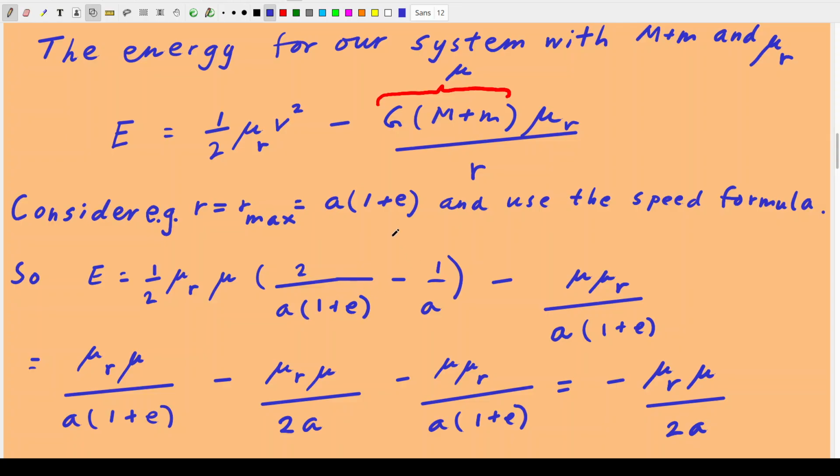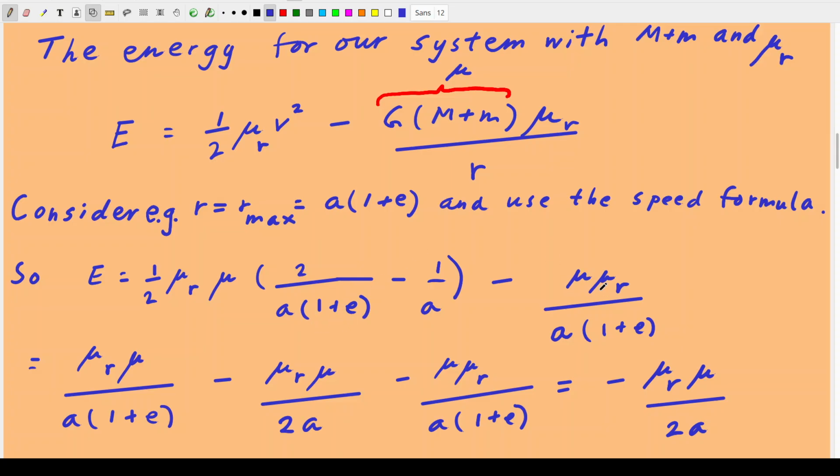And I'm also inserting a convenient value. This mechanical energy is a constant for any r value, so I just pick one. Let's say r equals the maximum value, a times 1 plus e. So I inserted that over here.